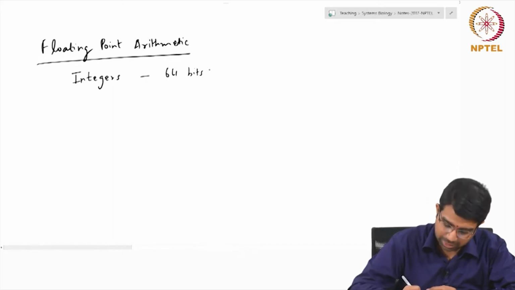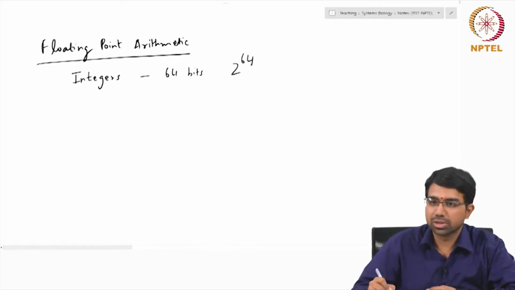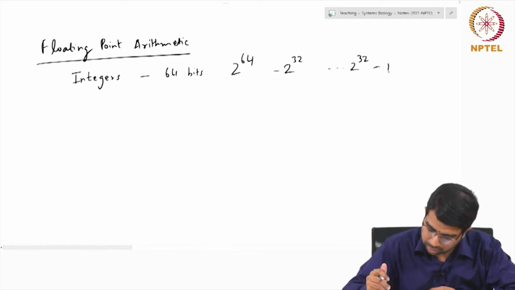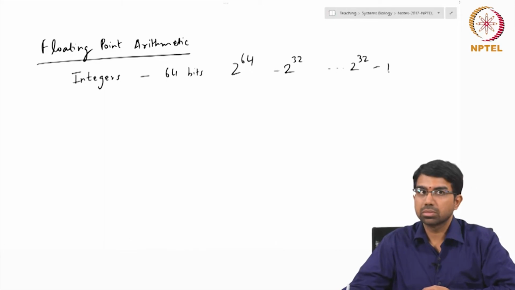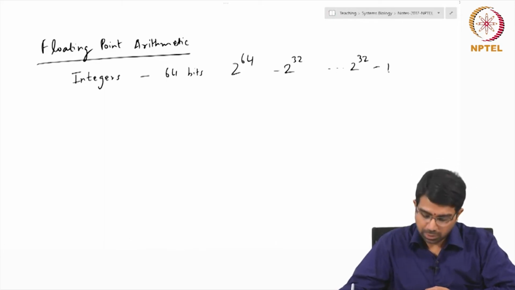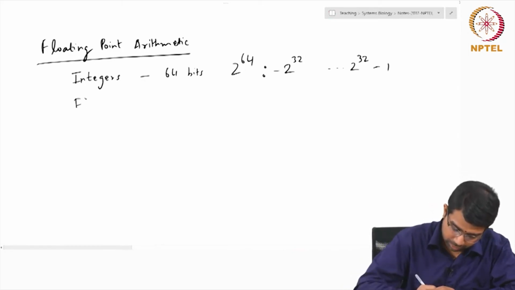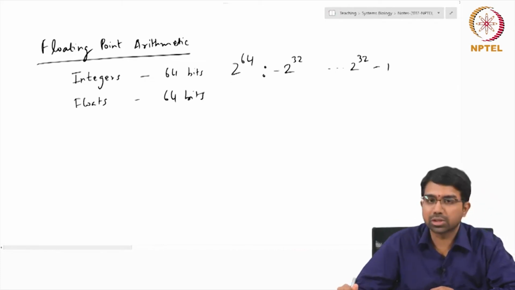This is not a trick question, it is basically 2 to the 64. These are basically the numbers you store. What about floats in 64 bits? How many floats can you store?